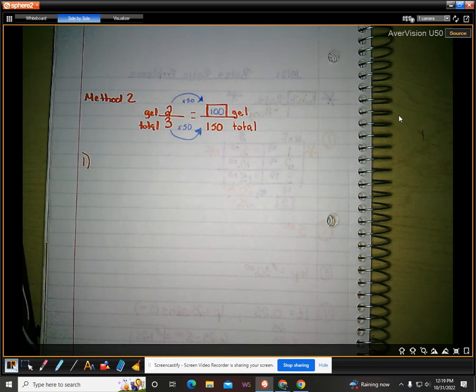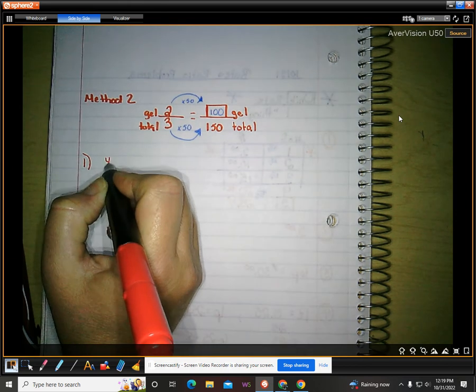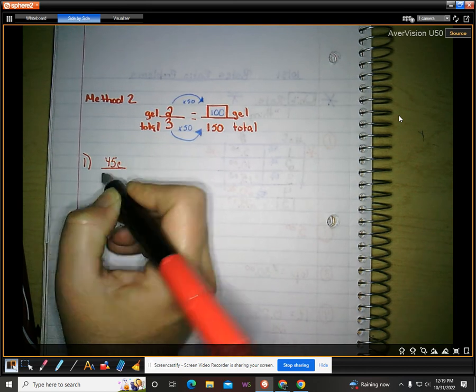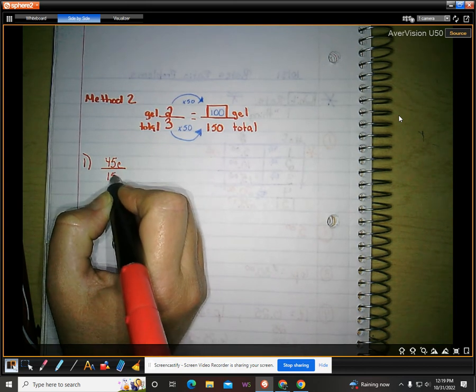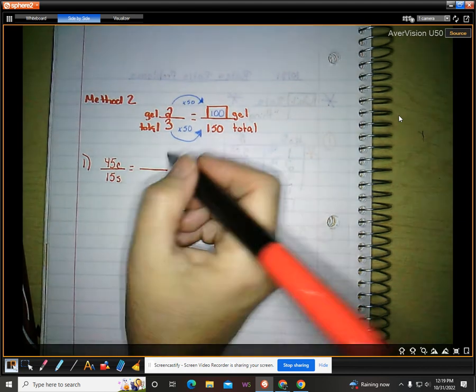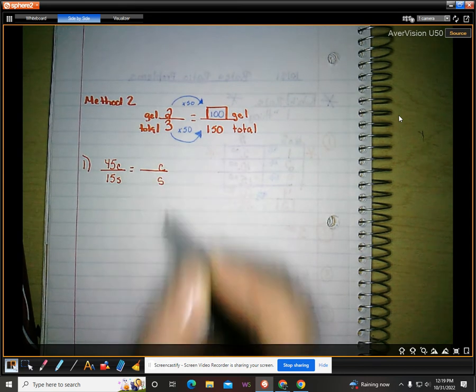Okay, so we can set up a scenario. Always use labels. So if we write fractions, if we have 45 cookies that are serving 15 students, your labels are super important. With this fraction, we have to have cookies to students.